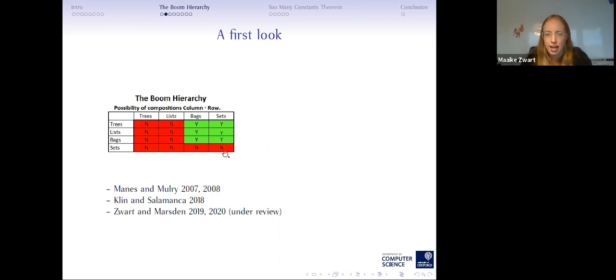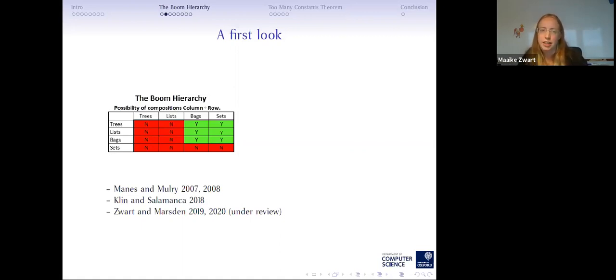And here we have the power set monad does not distribute over itself, a well-known result by Bartek Klin and Julian Salamanca. And then there's a couple of results from me and Dan in there. So we see about half of the structures compose and about half do not, roughly. So that doesn't tell us much yet.